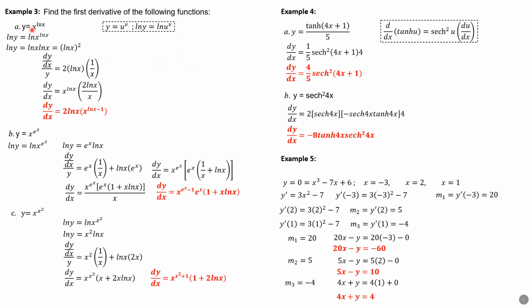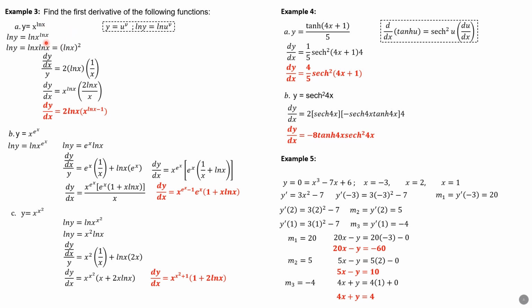So for the first example, we have to take ln both sides. So ln y is equal to ln of x to the ln of x. By the way, the given is y equals x to the ln x. That's the original given.